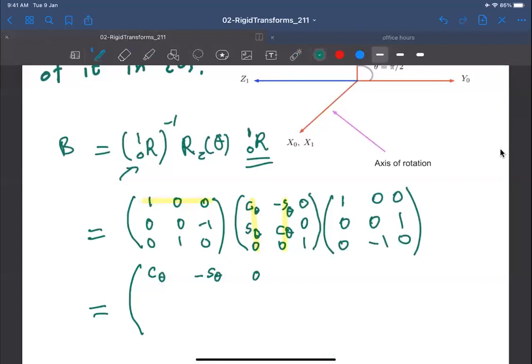Okay. Next, row number 2, let me use a different color here, with column number 1. I'm just negating the last element here. Here it's 0, so there is no change here. And for the second column, it's going to be 0 as well.